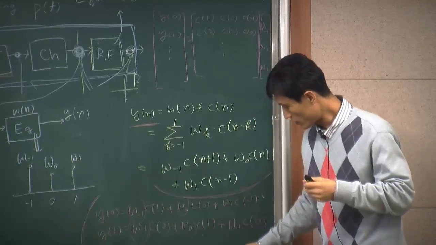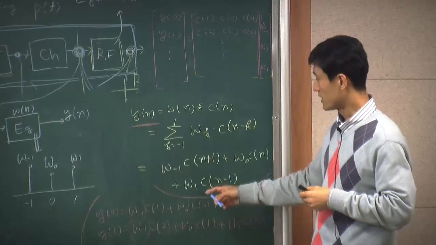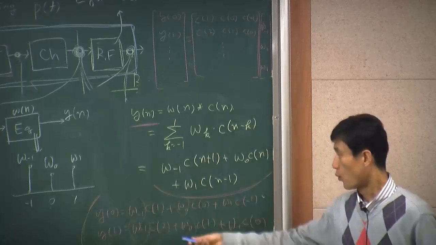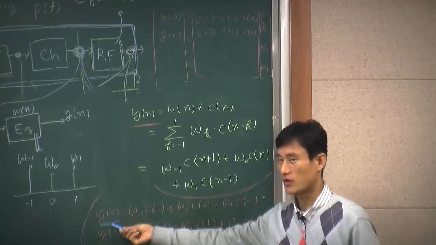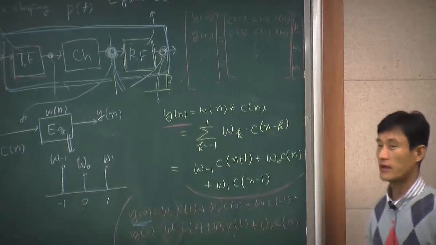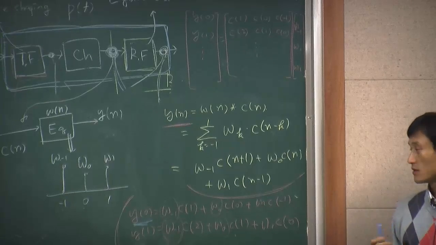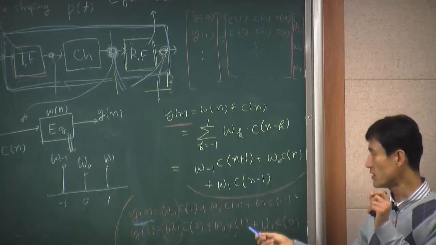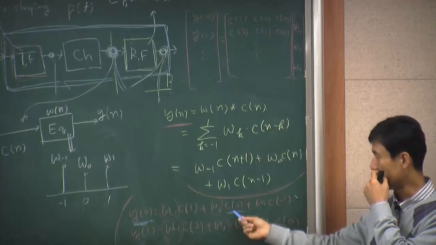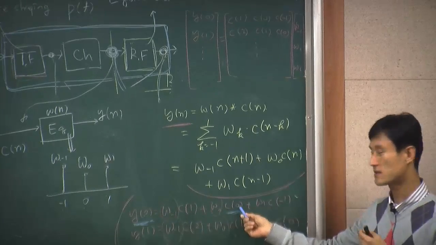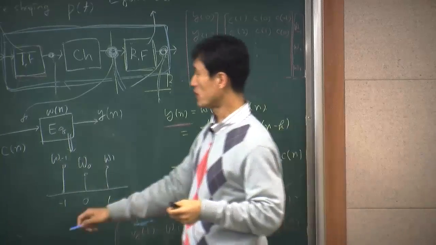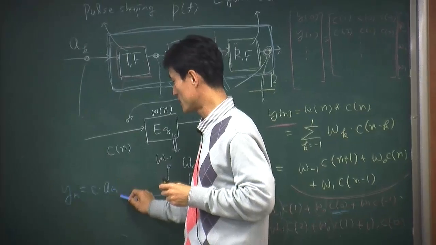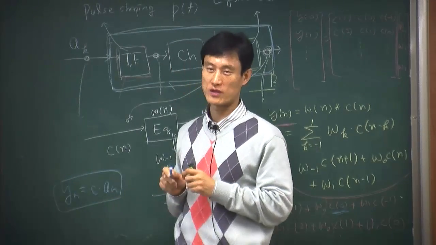But what we can notice is that eventually what we want, let's look at Y0, that's the output of the equalizer here. What we want is that the output of the equalizer is only a function of input at the same sample index. That's eventually what we wanted, right? We remember what we always want is this one.